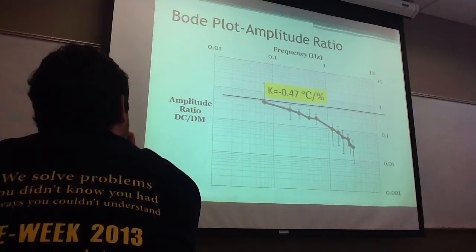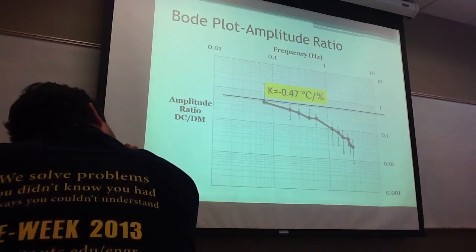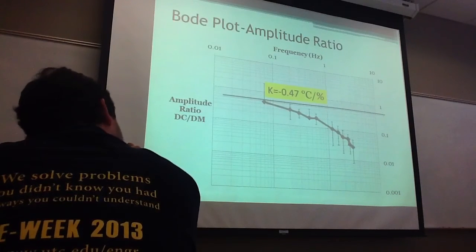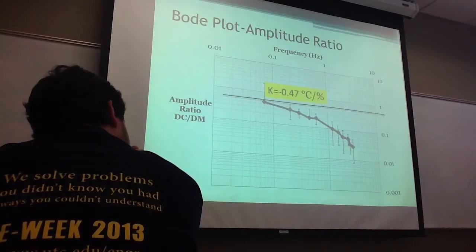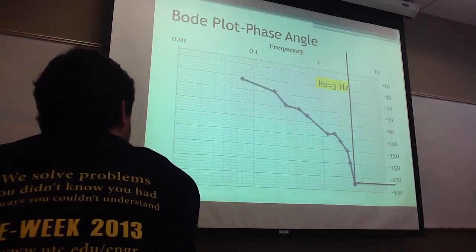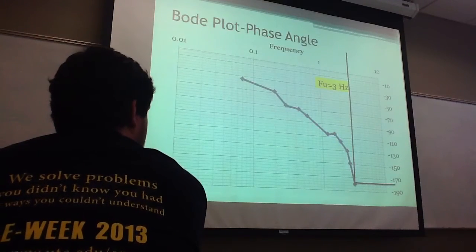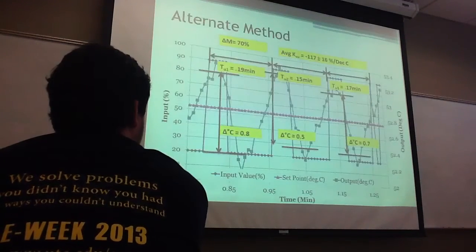In this particular case, we found the gain becomes asymptotic at the low frequencies, with the gain being negative 0.47 degrees Celsius per percent. And for the phase angle, you can get the ultimate frequency where the phase angle is negative 180 degrees, and in this case it was 3 hertz.